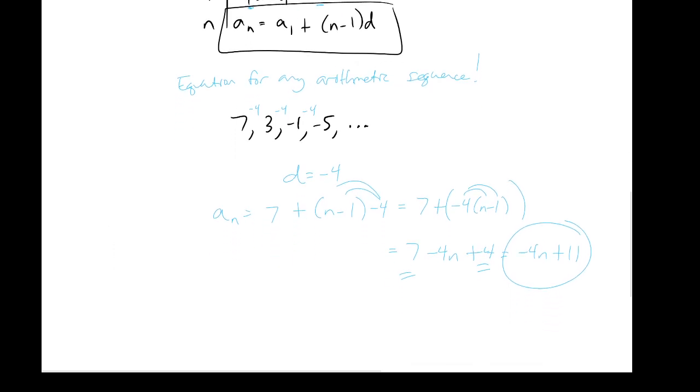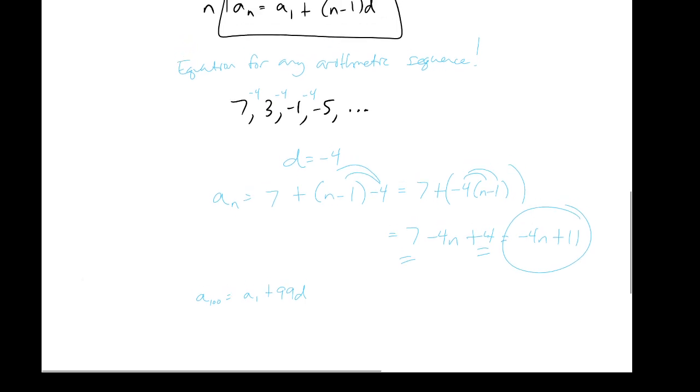So, rather than thinking about a sub 100, which would have been a sub 1 plus 99d, well, that's problematic, trying to calculate that over and over.